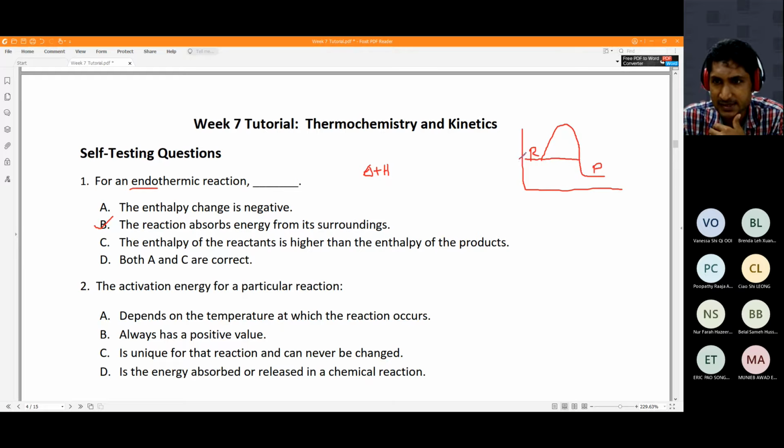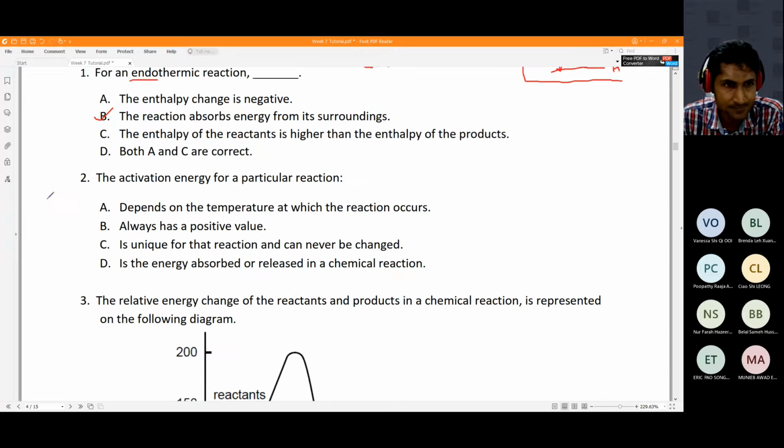We started from here, this is not del H, H only, this is the heat, and then we reached here. So it is actually releasing heat to come to this point, right? So this is not the answer, because this is for an exothermic reaction. Both A and C are correct, of course not.